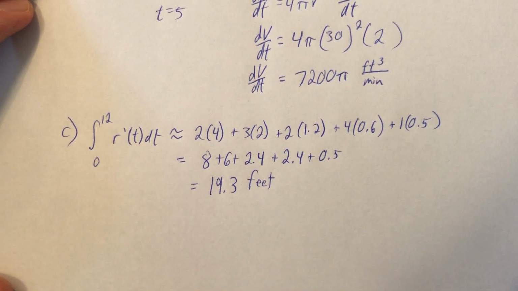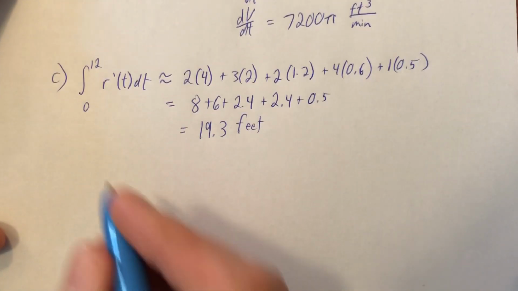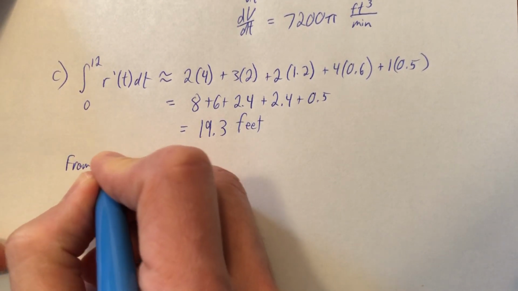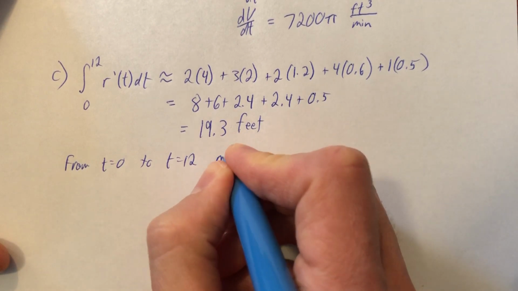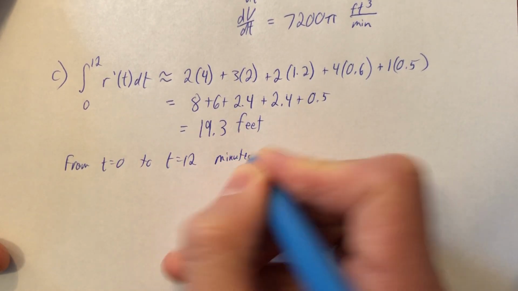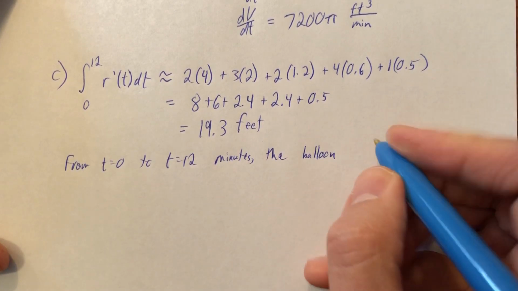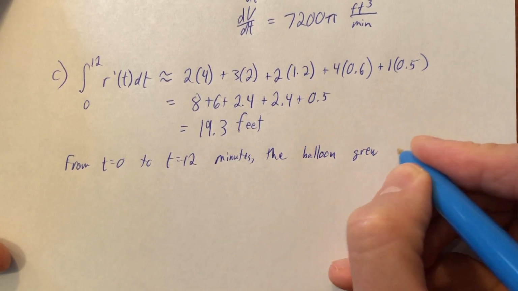My quantity is feet. This was the rate of change of feet, so now this is feet. So, from t equals 0 to t equals 12 minutes, the balloon, hot air balloon, grew.